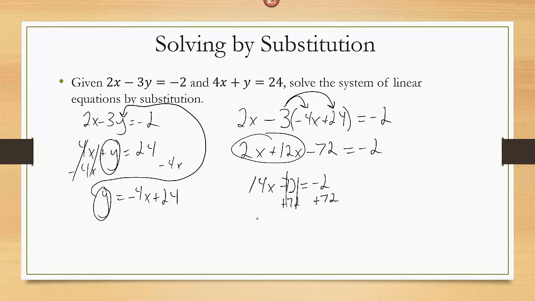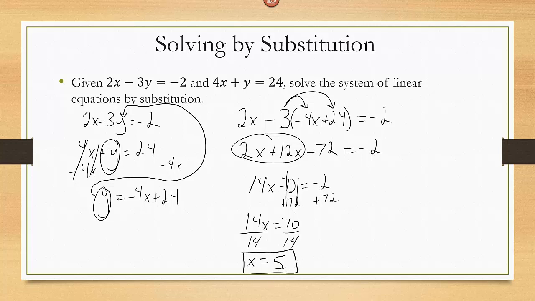So we're left with 14x equals 70. Because 72 minus 2 equals 70. Next, let's get x by itself. So divide both sides by 14. So then x equals 5. Okay, now we solved for x.